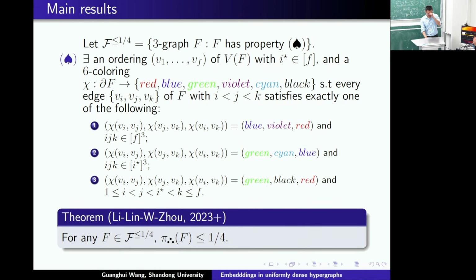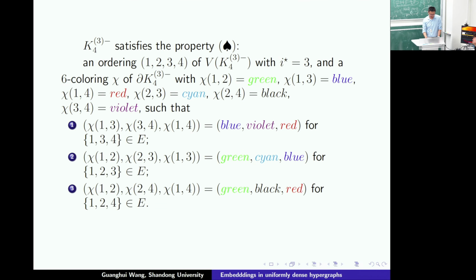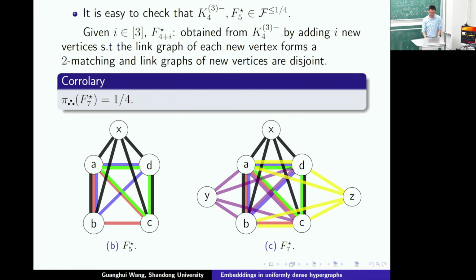It's a little complicated, but it's easy to check that K4 minus satisfies this, belongs to this kind of graphs. And another one, it's easy to check that F5 star is a graph due to Chen and Shu we previously mentioned, and this graph F7 star.